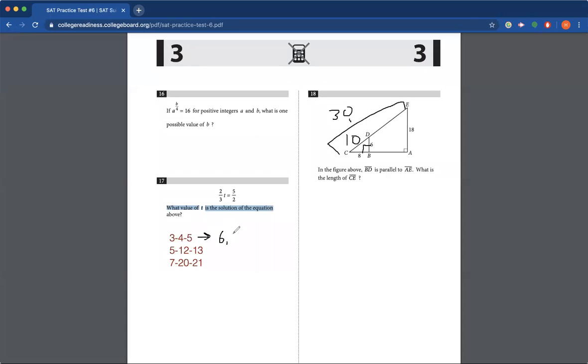So 6, 8, 10. I always mess up the last one, the 7, 24, 25.